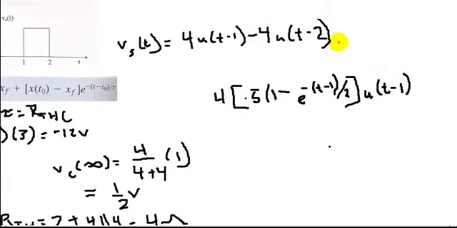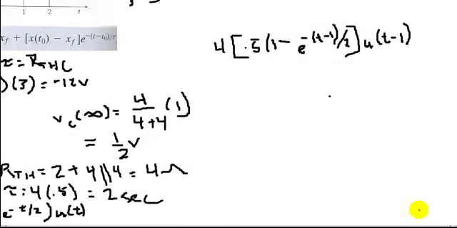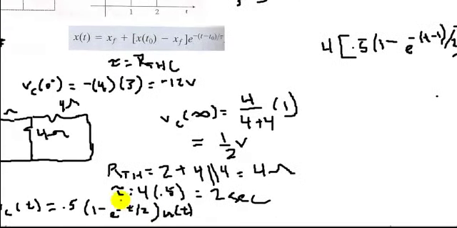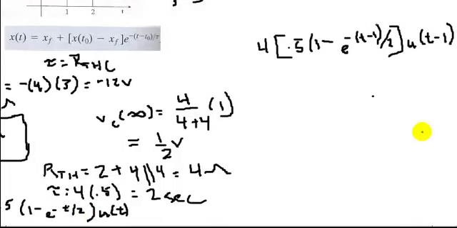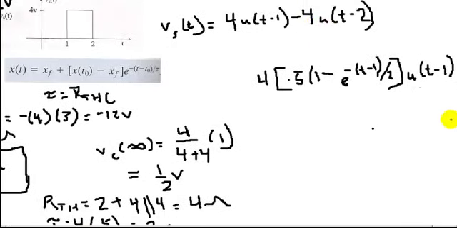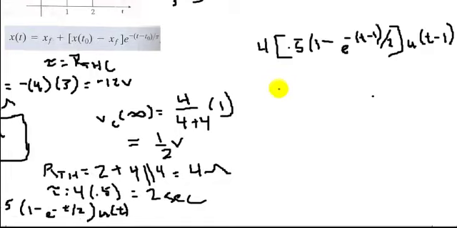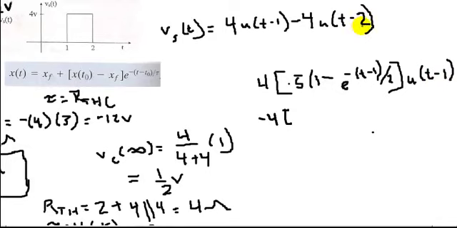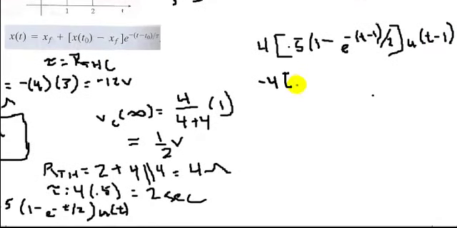Now we have to multiply negative 4, so minus 4 times this final voltage, 0.5. It's going to look similar to this, but we're going to delay it by 2 seconds. So replace every t by t minus 2.